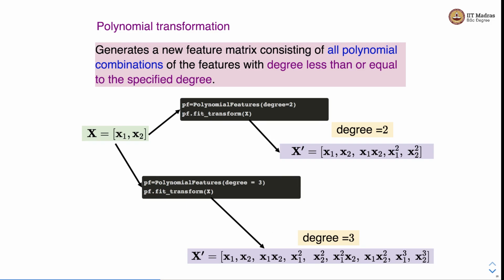Then we have the third order features x1 squared x2, x1 x2 squared, x1 cubed and x2 cubed. So you can also see that degree 3 polynomials have all the features from degree 2 polynomials and additional features from the third degree. So we have this PolynomialFeatures transformer that can be used to convert the original feature matrix into a polynomial of desired degree.